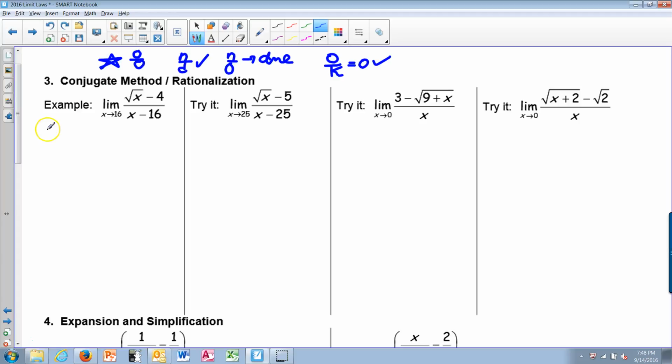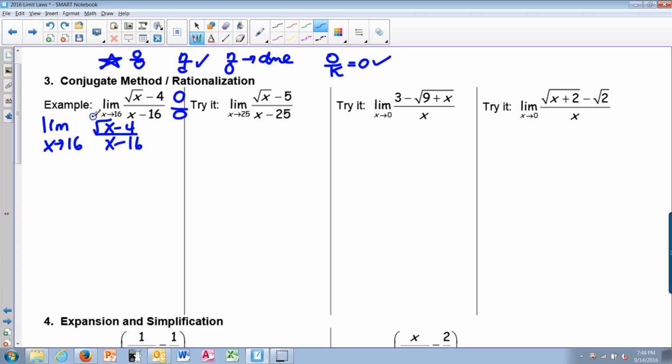on a problem that did not need simplification. So for this problem, if I substitute in, the square root of 16 would give me 4 minus 4. 16 minus 16 would give me 0.